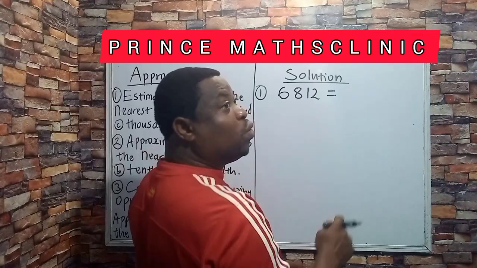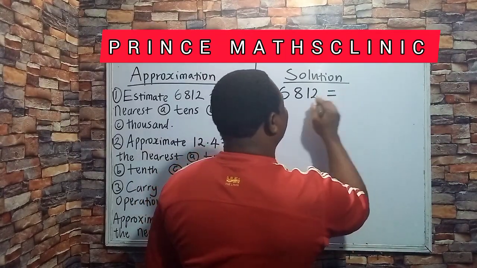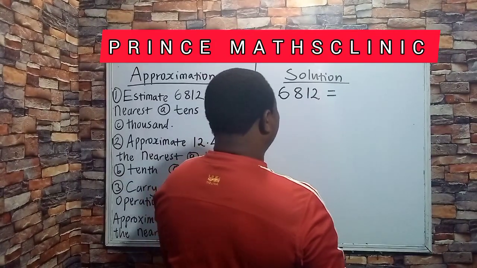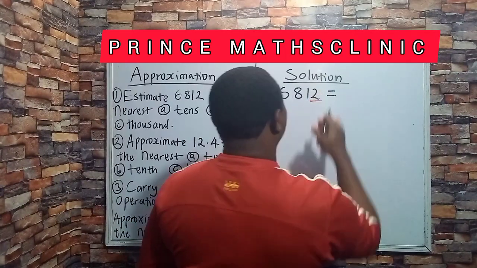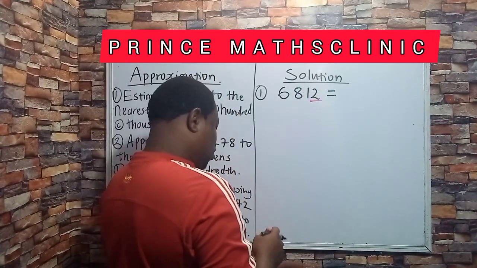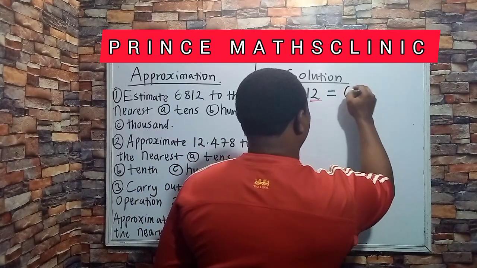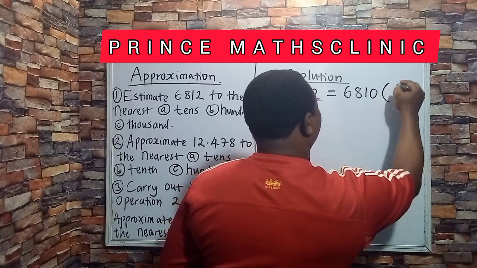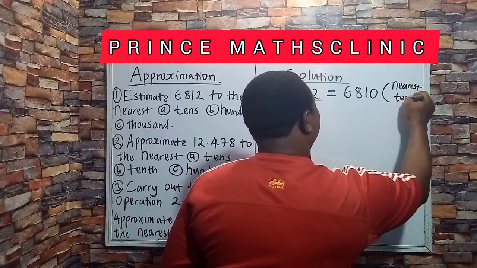It's not up to 5, so we round it down. So this number 2 here will be rounded down to 0. So it now becomes 6,810. Then this is the nearest tens.